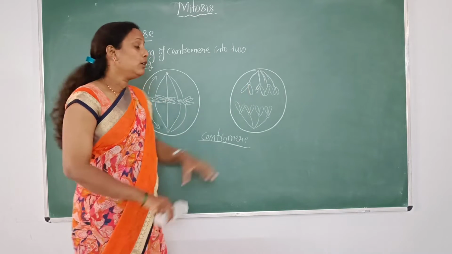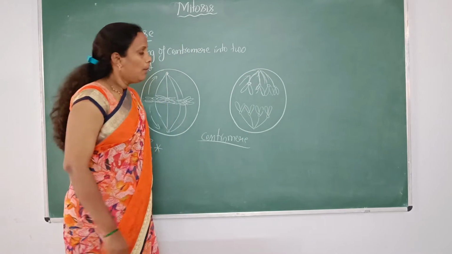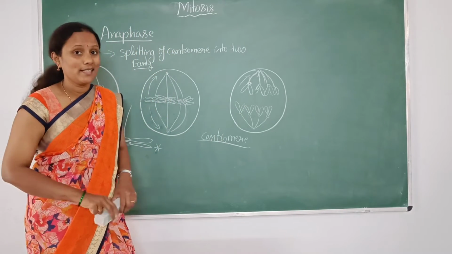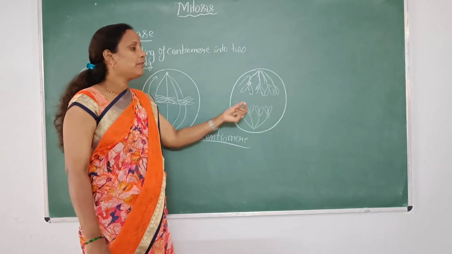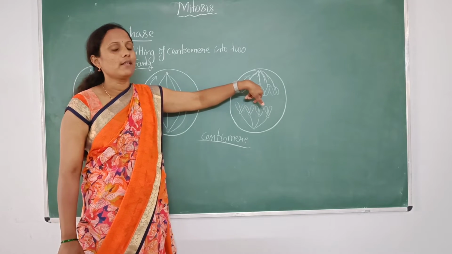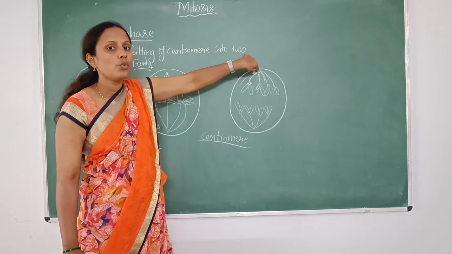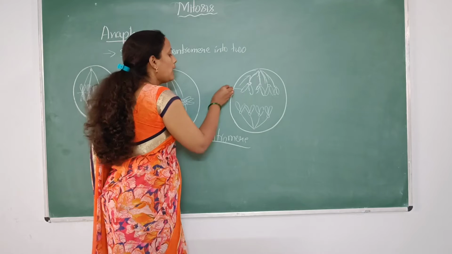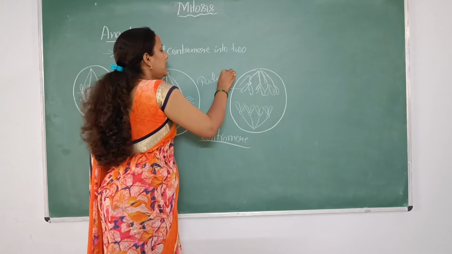So the traveling of only the centromere will take place towards the pole, but not the arms of the chromosome or the chromatids. The chromatid arms will not move. What will happen? They will be dragged along with the centromere. That means only the centromeres will be moving towards the opposite pole, and the arms of the chromosomes will be radiating in the cytoplasm.